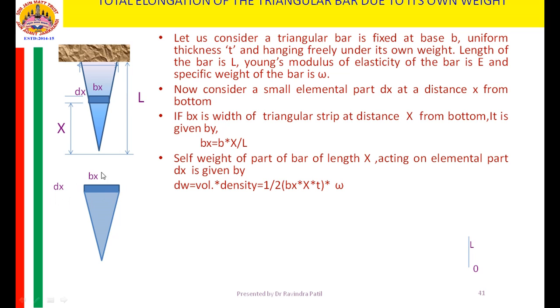One dimension is bx and the other dimension is t. This dx is the height of the part. If we cut that particular part, the dimensions that we observe are bx and t. T won't appear here, it is perpendicular to the board, or perpendicular to the screen.